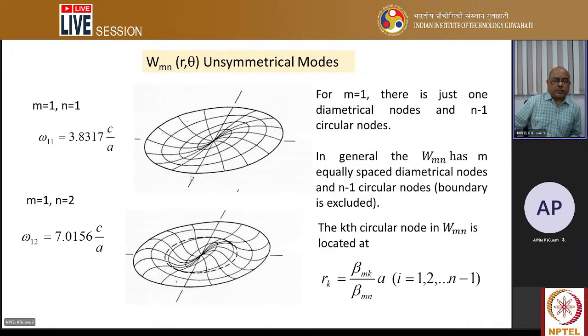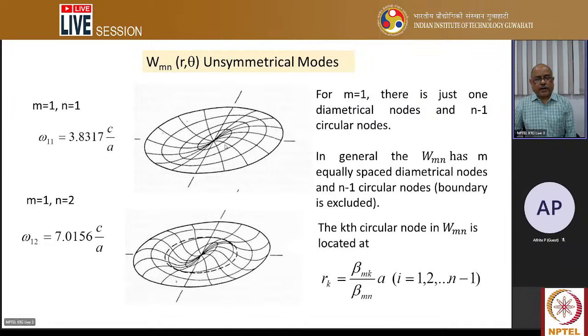Unsymmetrical modes are formed when the index m is other than 0. So m equal to 0 always indicates the symmetrical modes. So m equal to 1 and n equal to 1 is the unsymmetrical mode.